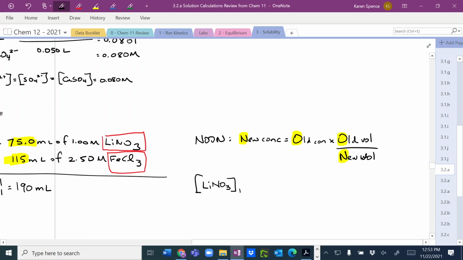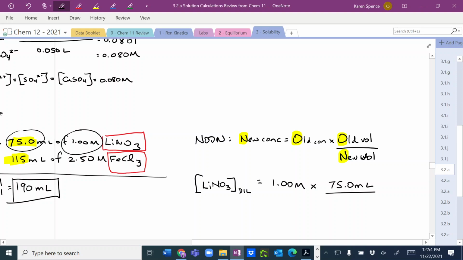and we want to have that diluted. So I'm going to write a little dill there for diluted. My old concentration is 1 molar. My old volume is 75 milliliters. My new volume is 75 plus 115, that was my 190 milliliters.